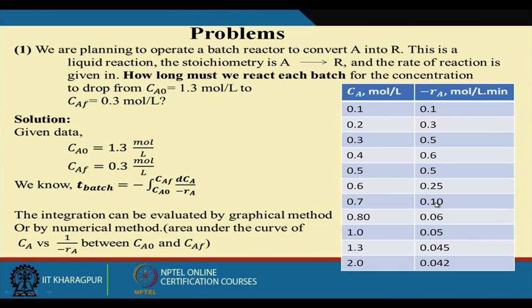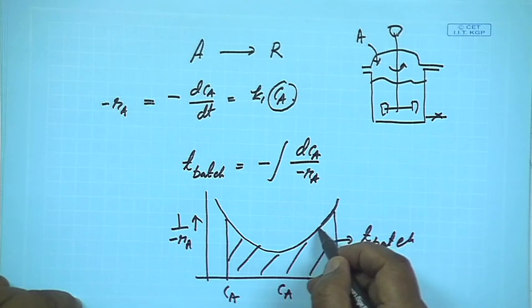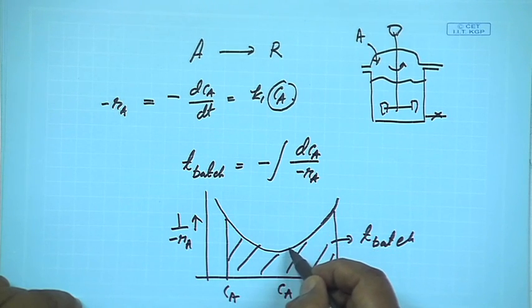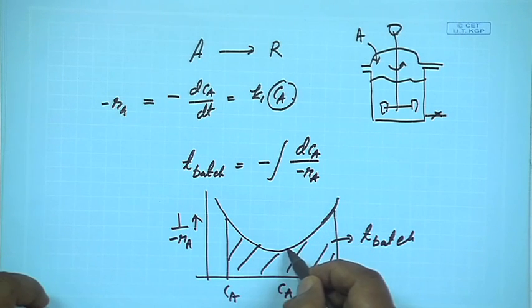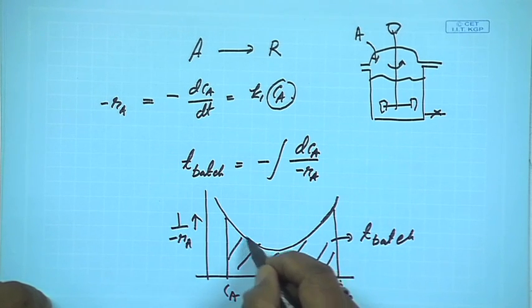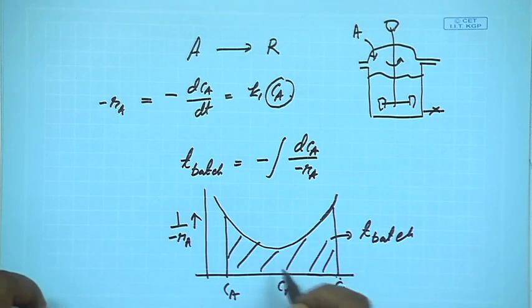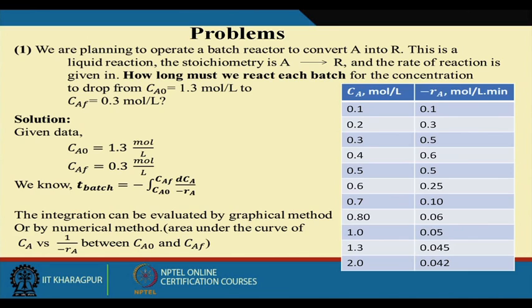So 1 by Ra is decreasing, which means Ra is increasing; initially Ra is increasing from the initial substrate concentration, and then again it is decreasing. So 1 by Ra increases. This is the pattern of the curve that we obtain. If you draw it on simple graph paper we can have this pattern of the graph.